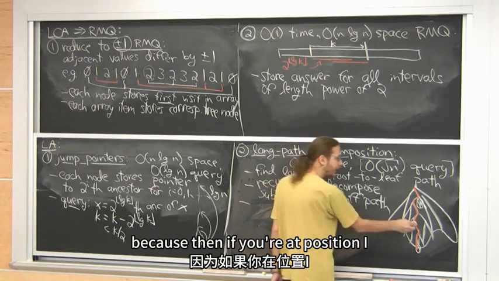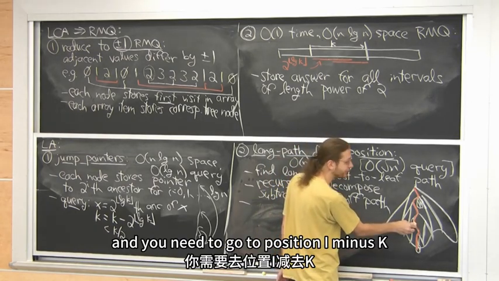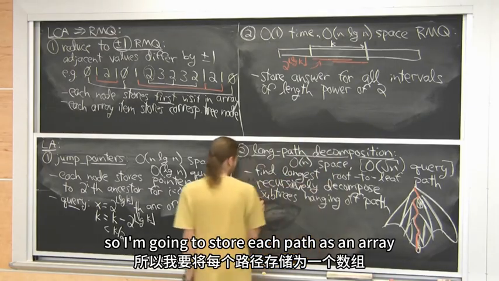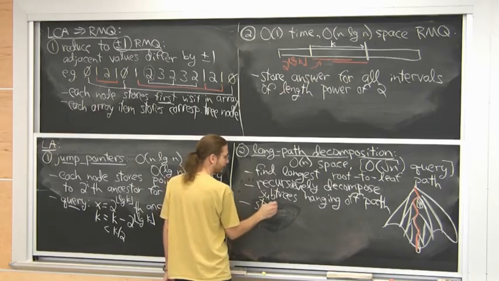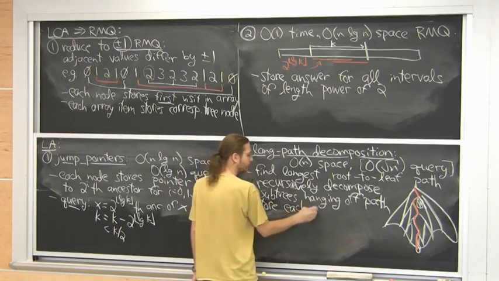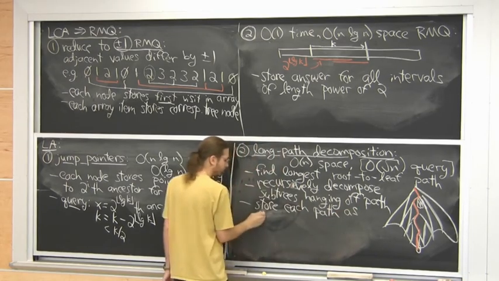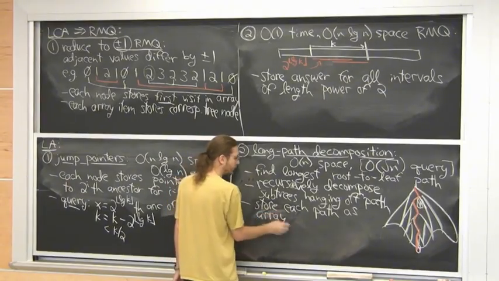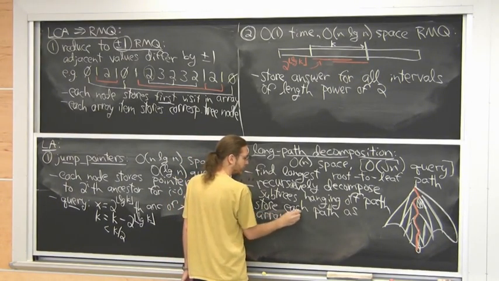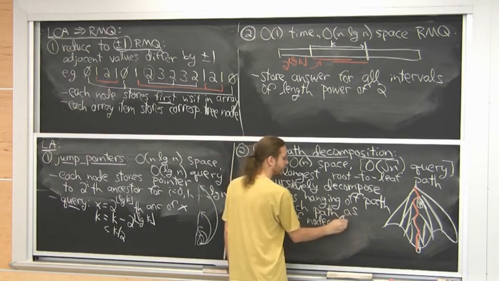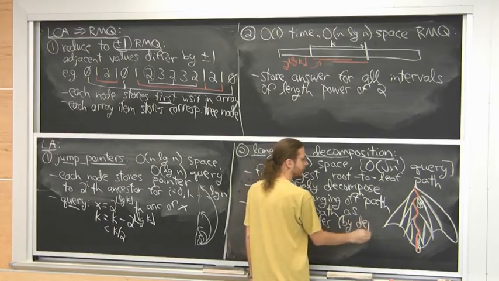Because then if you're at position i and you need to go to position i minus k, boom, that's just a lookup into your array. So I'm going to store each path as an array of nodes, or node pointers, ordered by depth.